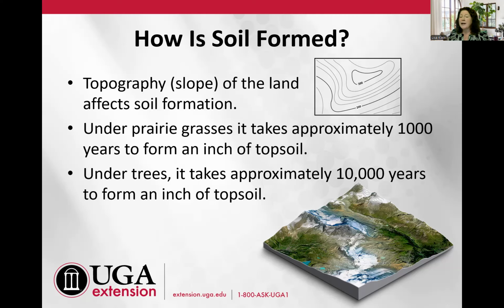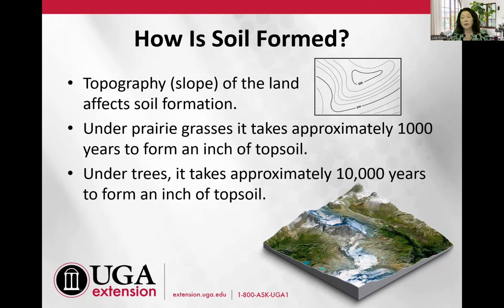So under prairie grasses, just as an FYI, if you want to know some trivia, it can take about 1,000 years to form 1 inch of topsoil. If we all remember the Dust Bowl, that was before farmers really understood how important it was to protect that soil. 1,000 years is a long time.